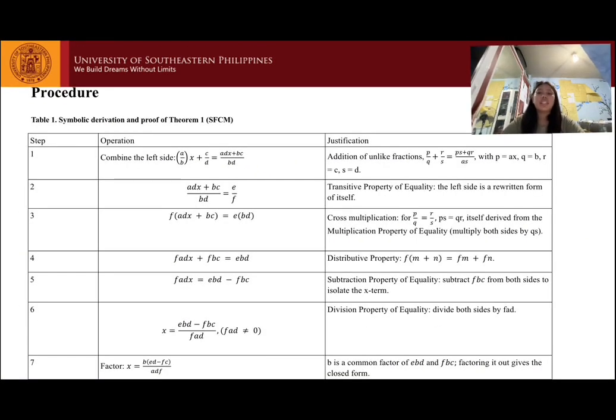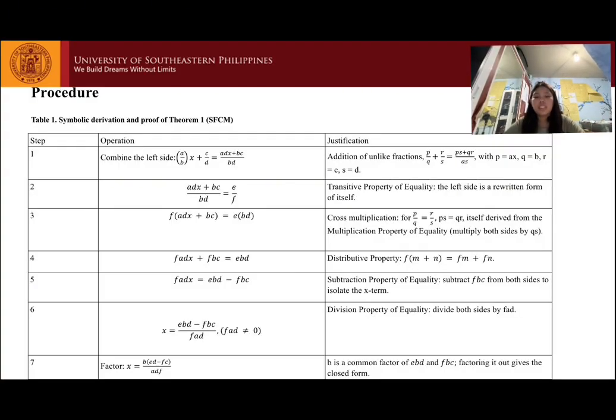So we have here table 1, which is the symbolic derivation and proof of theorem 1, or the SFCM. Now I will explain how we derived and proved theorem 1, which is the foundation of SFCM. Step 1 is to combine the left side. In this step, we combine two fractions on the left-hand side into a single fraction using the rule for adding unlike fractions.